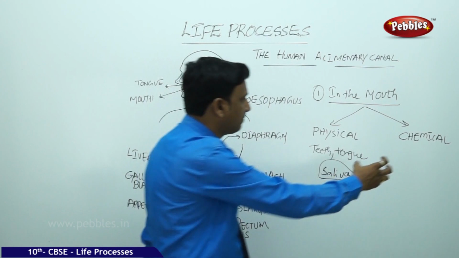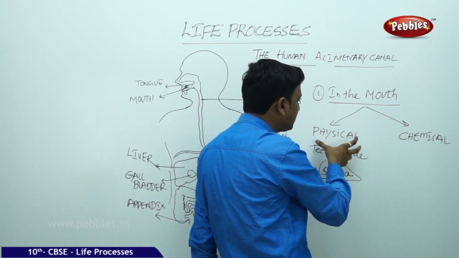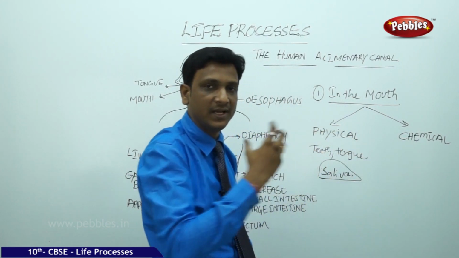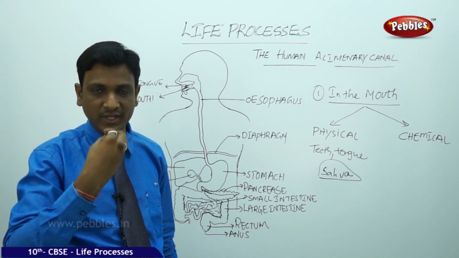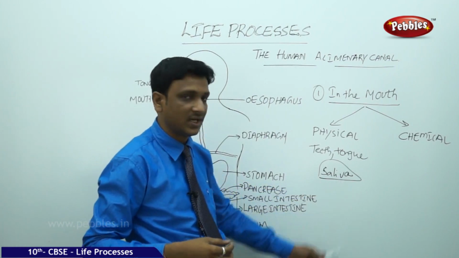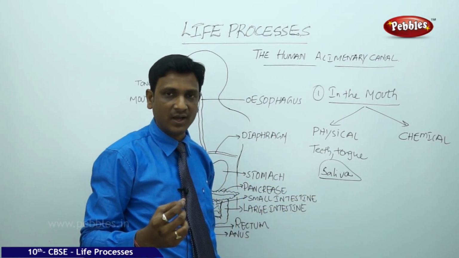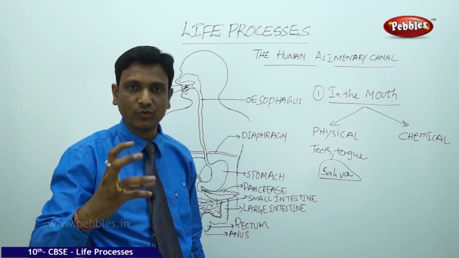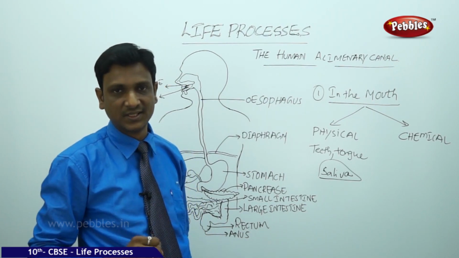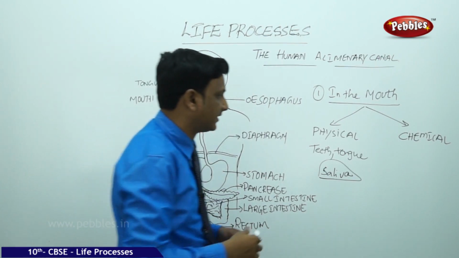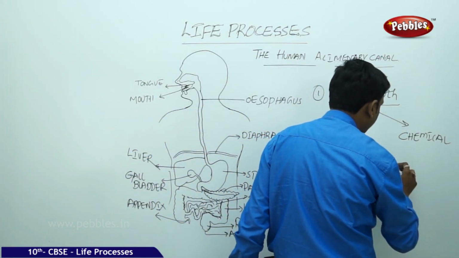And what about the chemical part? Physically the food is made into a soft form. Chemically, what happens to the food? What we are chewing is well mixed with a liquid called saliva. Saliva not only helps to make the food watery and pasty, it also contains an enzyme called salivary amylase.